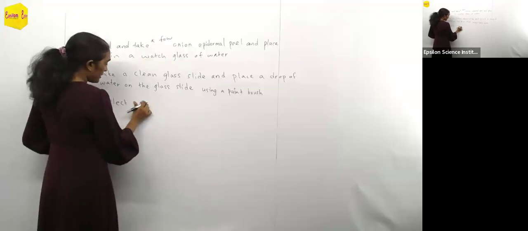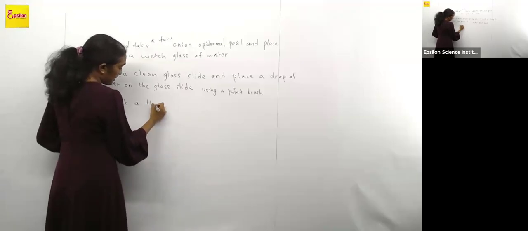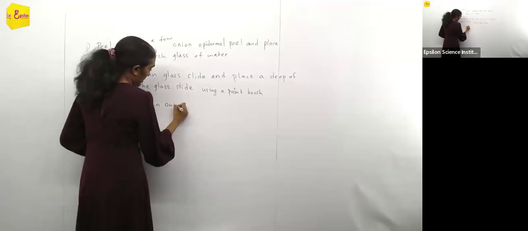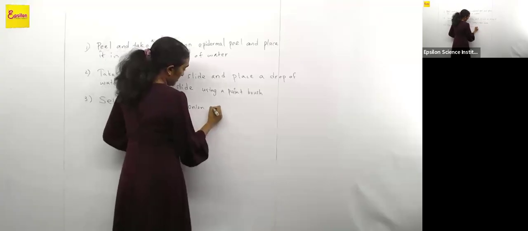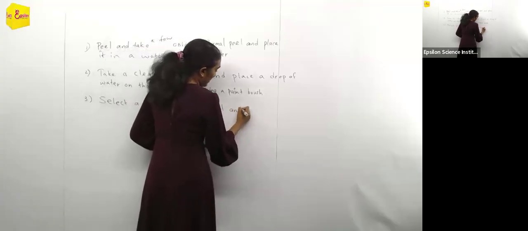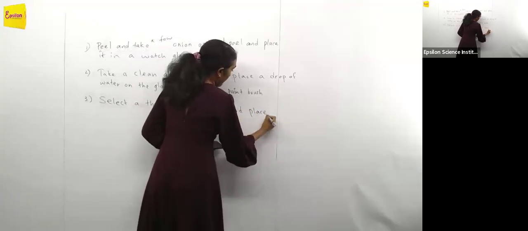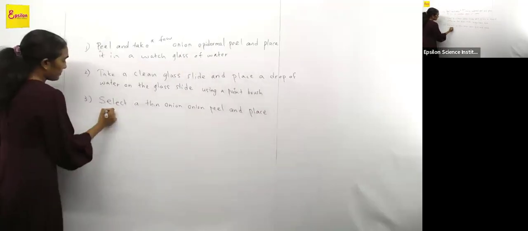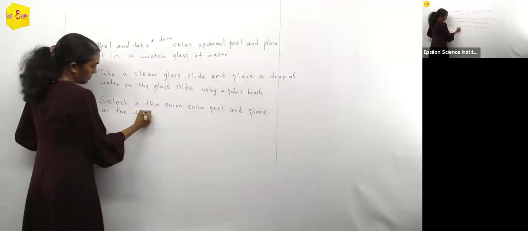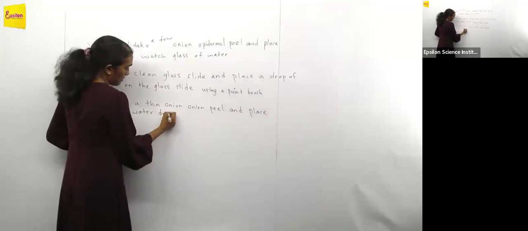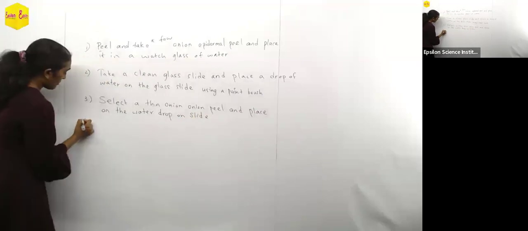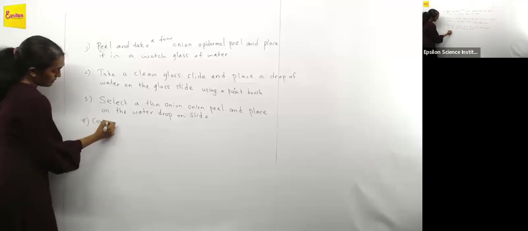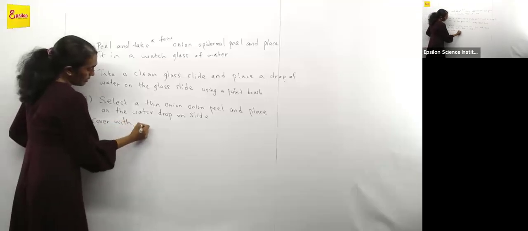Take a thin onion epidermal peel and place it on the water drop. Then number four, cover with a cover slip.